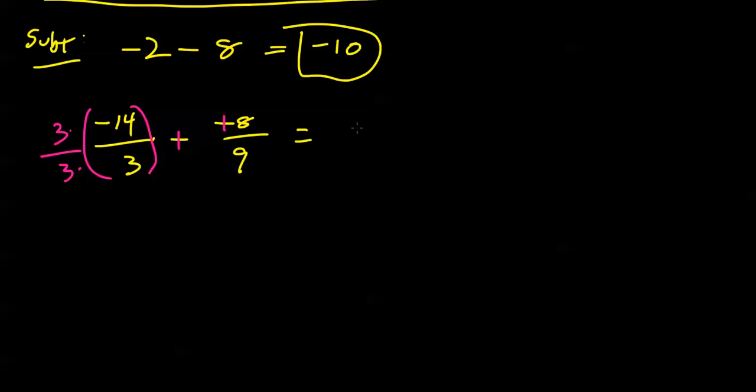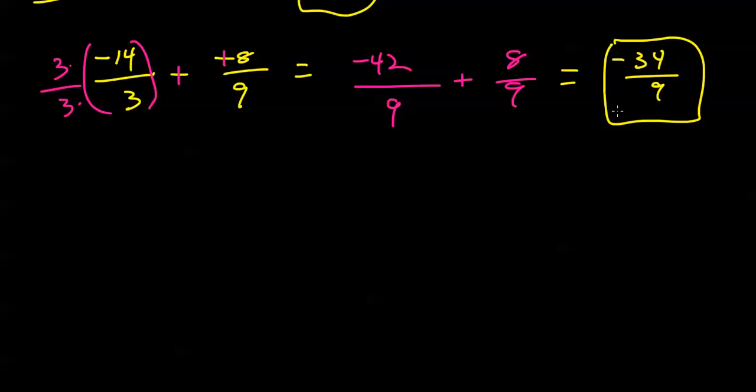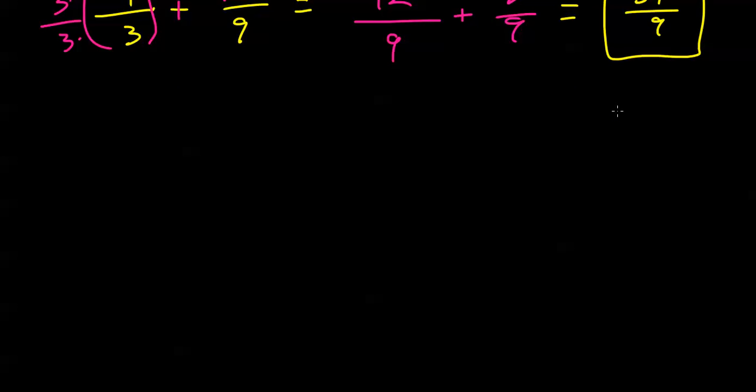So I get minus 42 on top divided by 9 on the bottom, and add to that positive 8/9. So minus 42/9 plus 8/9 is minus 34/9. And that would be your final, completely simplified answer.